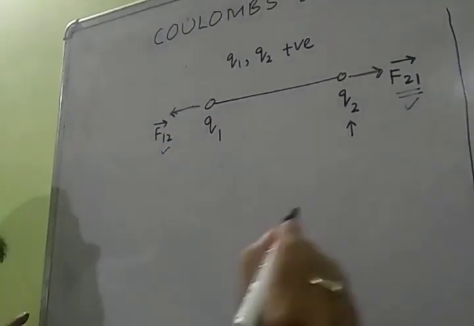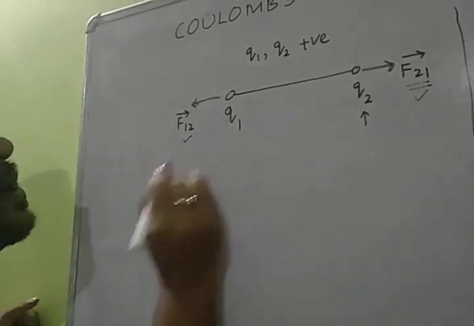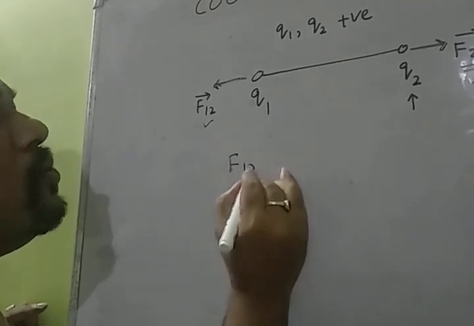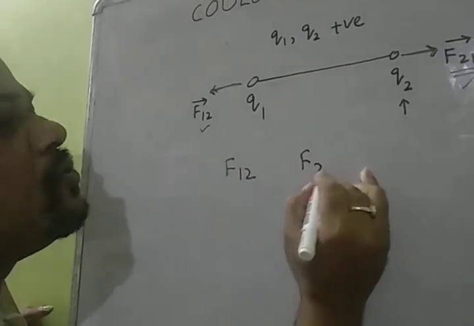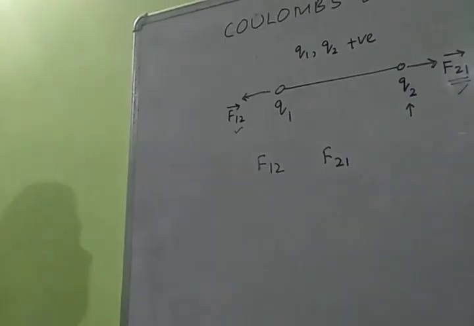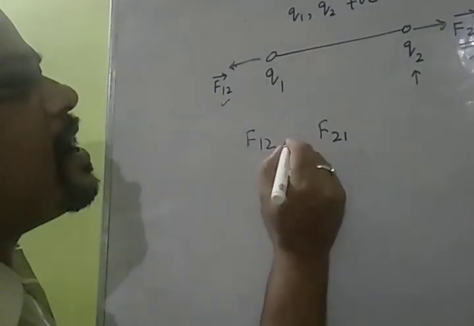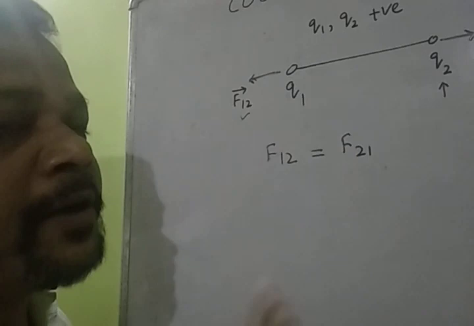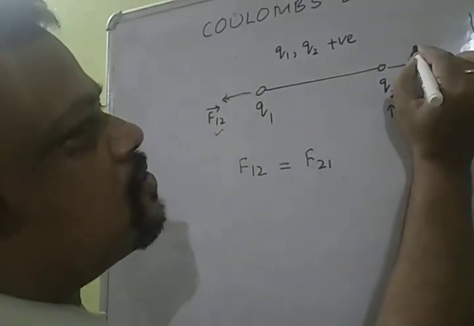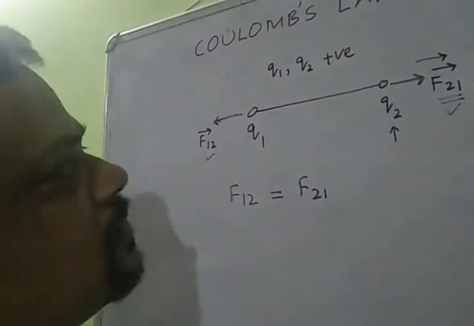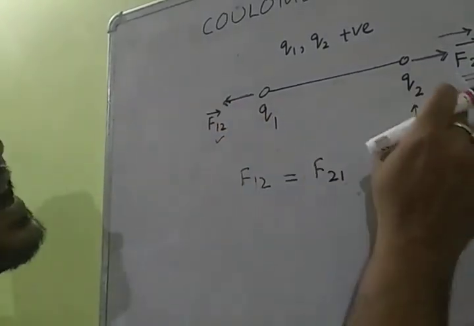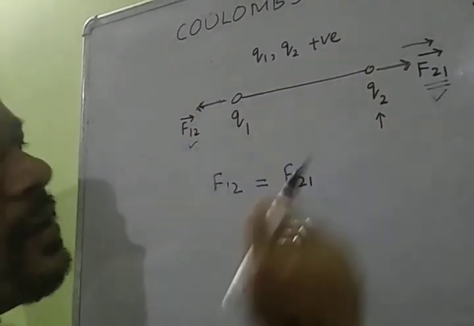Okay, but what does Coulomb's law reveal? According to Coulomb's law, force 1-2 and force 2-1 do not have any numerical difference. Numerically they are the same, but force is a vector quantity. Here, see, this is the direction of force from left to right. Here, see, this is the direction of force from right to left. Directions are opposite in nature.